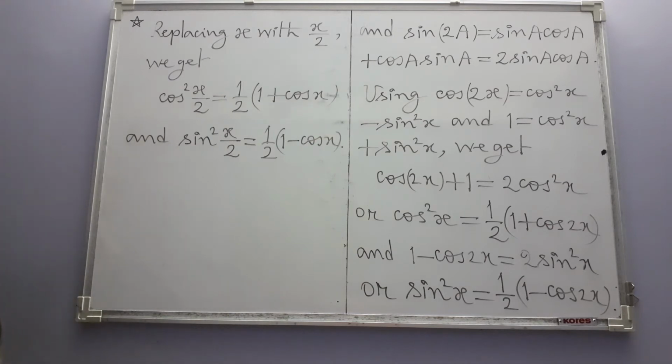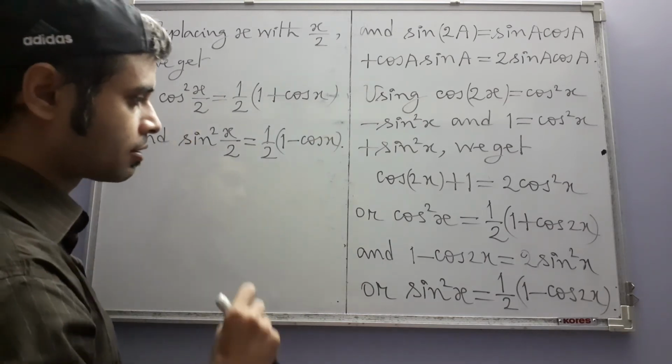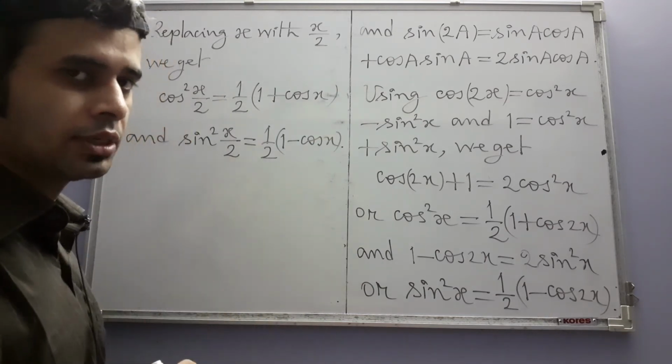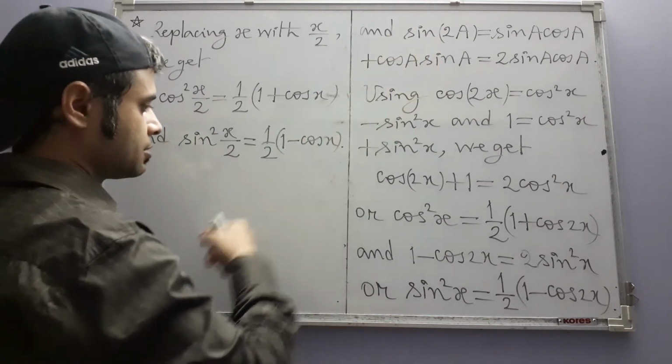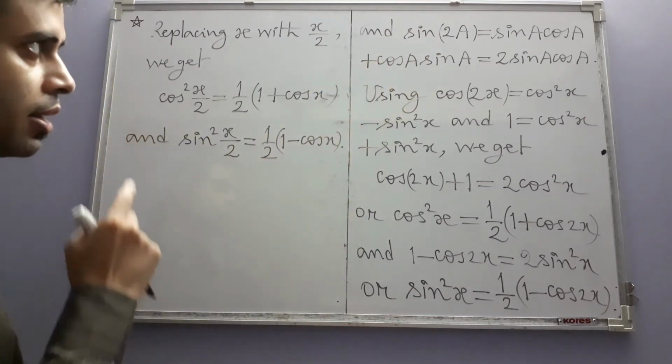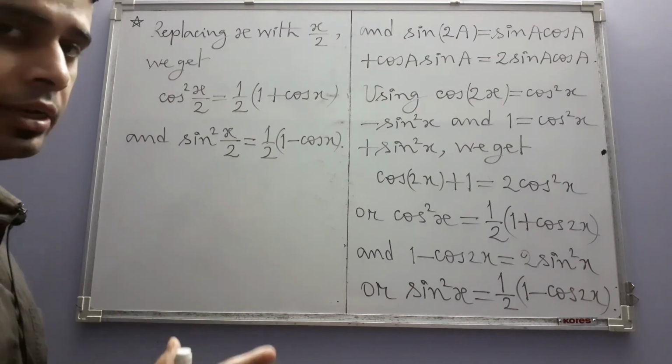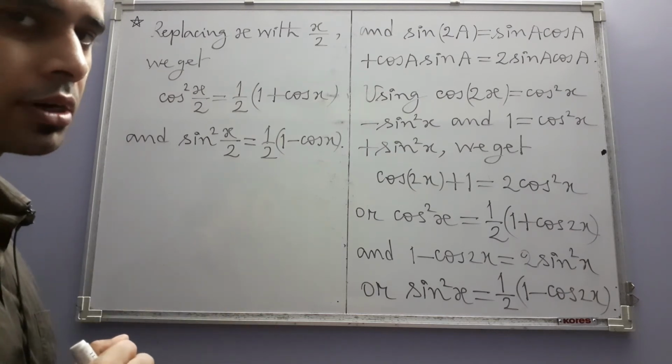And if you do this, replacing the argument by 1/2 of it here with this double sum formulas, then you get double angle formulas, you get half angle formulas.